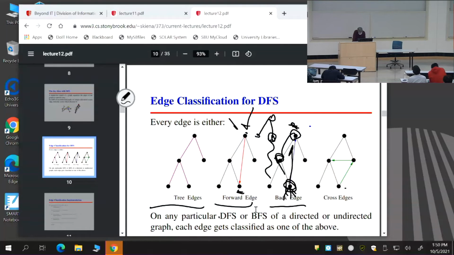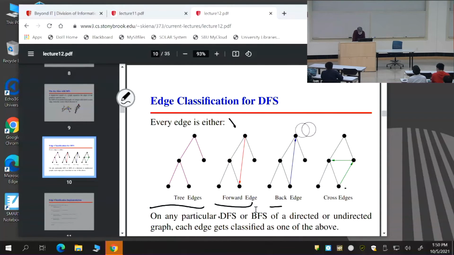That's why I will have a back edge and not a forward edge. Any questions about that? Okay. How many people sort of see why that is? How many people don't see anything? Okay. Any questions on anything? Okay.